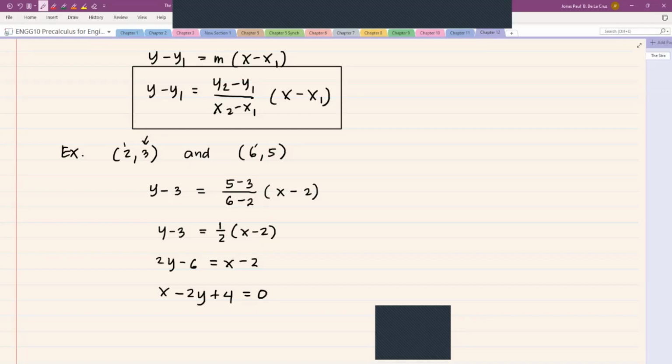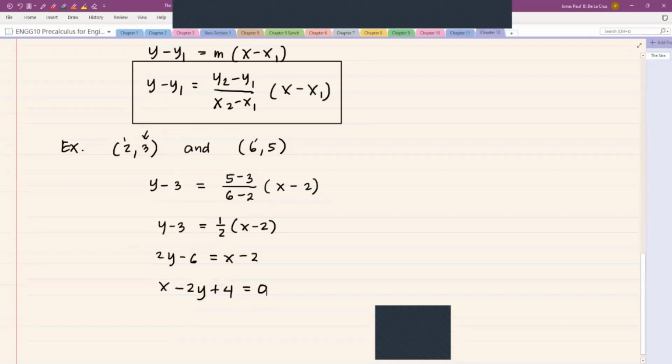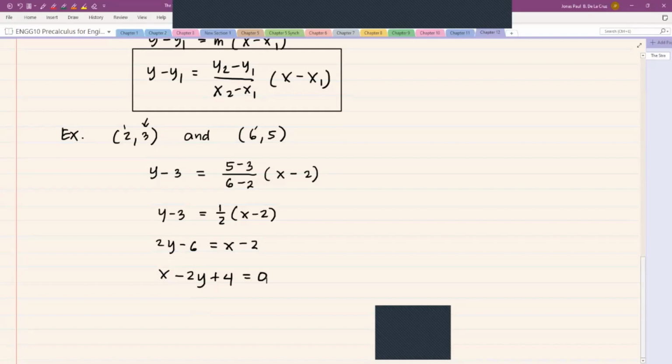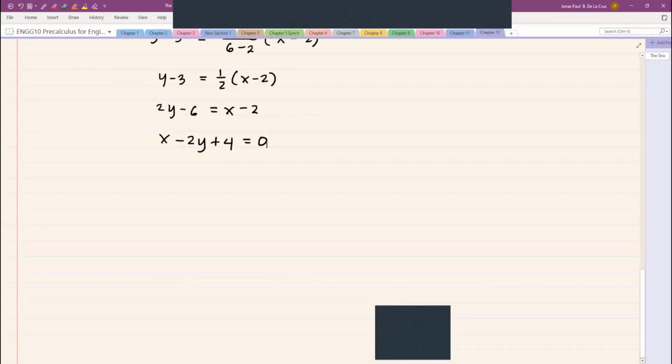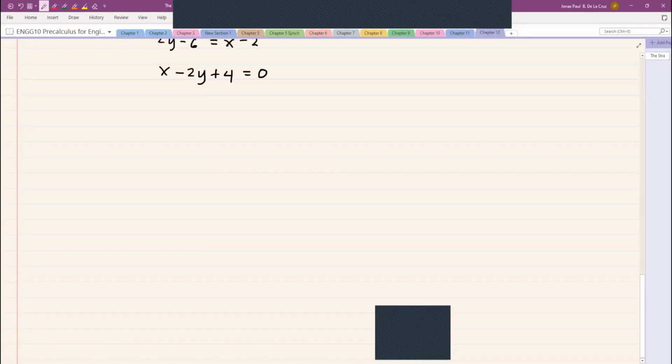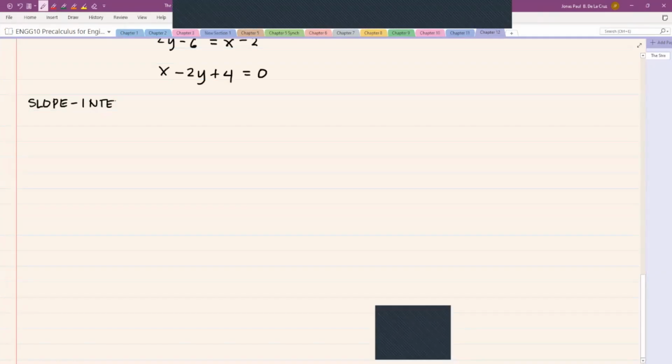Okay? Ang susunod, ito yung pinakasikat na formula ng line, the slope-intercept form. The slope-intercept form of the line is y is equal to mx plus b.